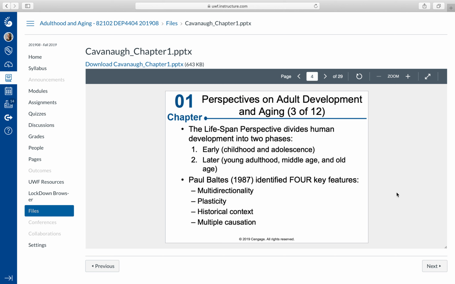That's just a fancy way of saying that we're going to discuss how your changes biologically and physically also affect your mental well-being and the way that you interact with others and your environment. Aging cannot be discussed in terms of just one of those factors because all of them interplay. They all affect each other in this multi-directional kind of web.